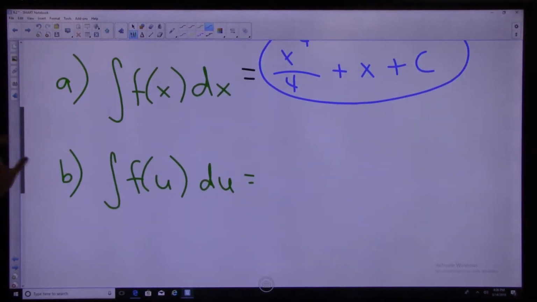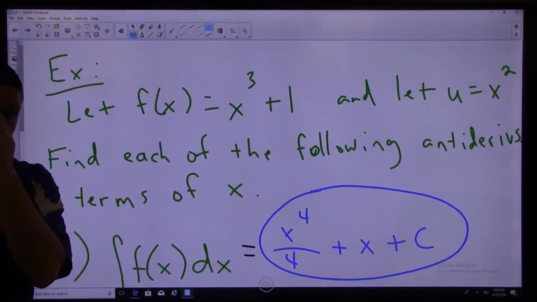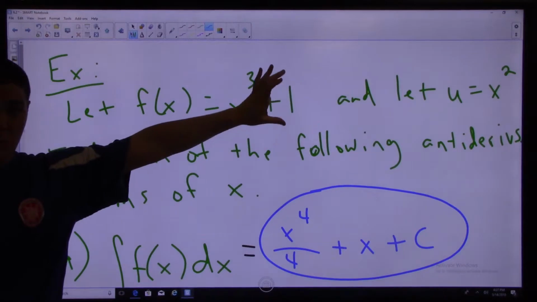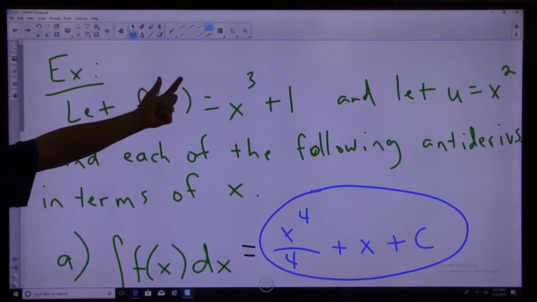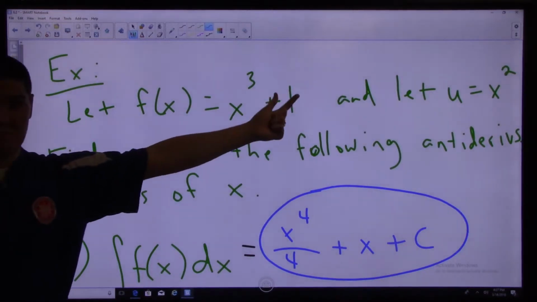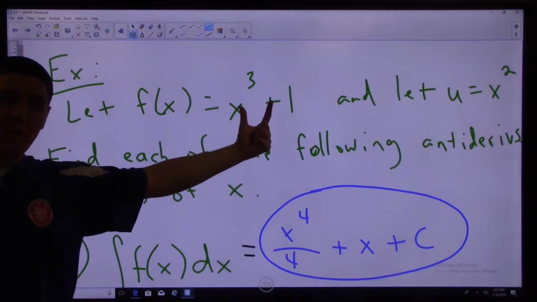Whenever you see an f of u du, we know what f of x is, guys. F of x is x cubed plus 1. So if I change the variable and call it f of u instead, what would I do to the equation? That just means I need to plug in a u.